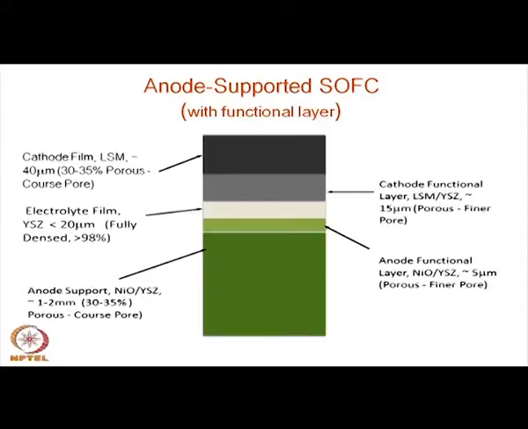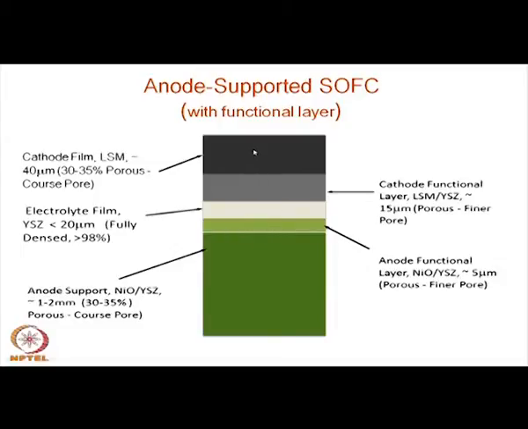The finer the pore, the more the triple phase boundary area gets enhanced, and the number of interfacial reaction sites increases. Therefore, you can have a higher current density; you can draw more current, more gas can pass through and more current can go through the circuit.